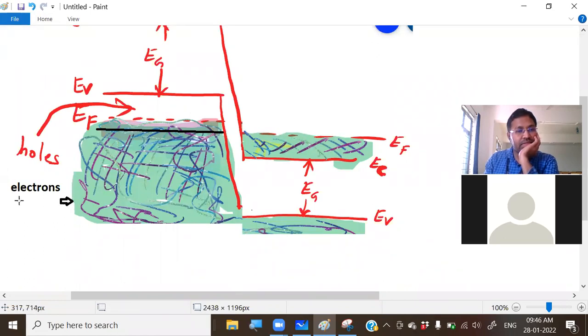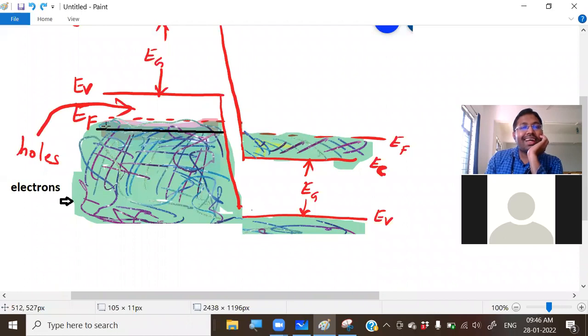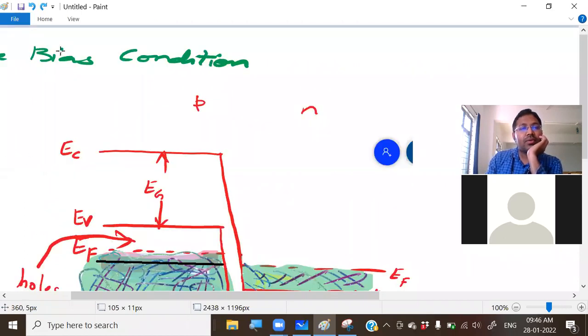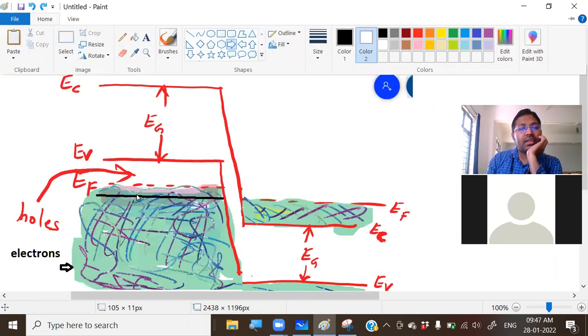Above the line, whatever electrons you have, all these electrons on the P side now see empty states on the N side.